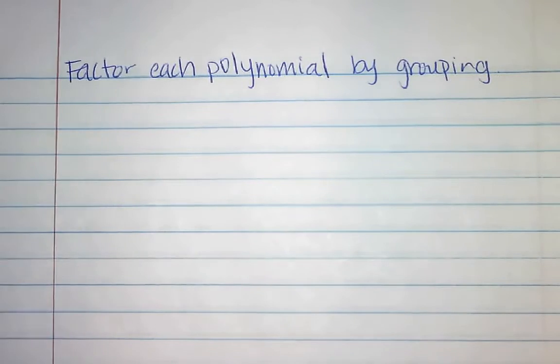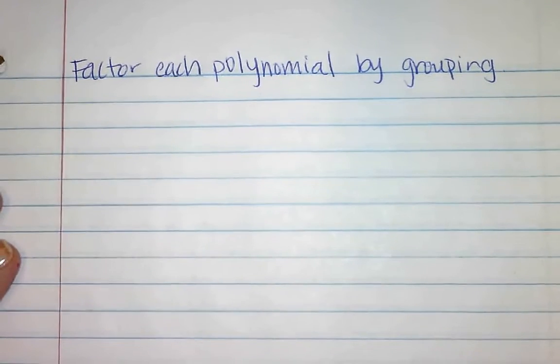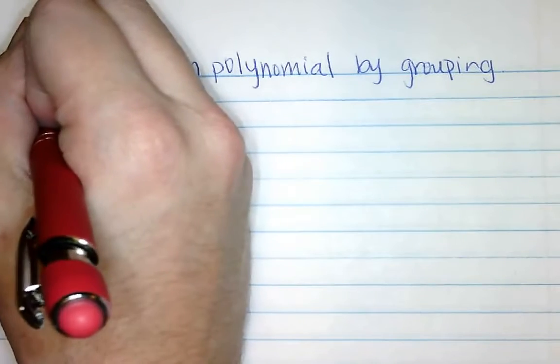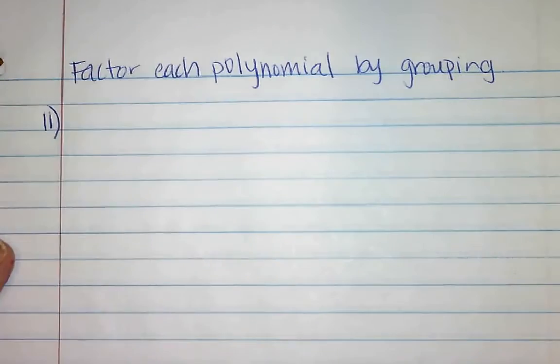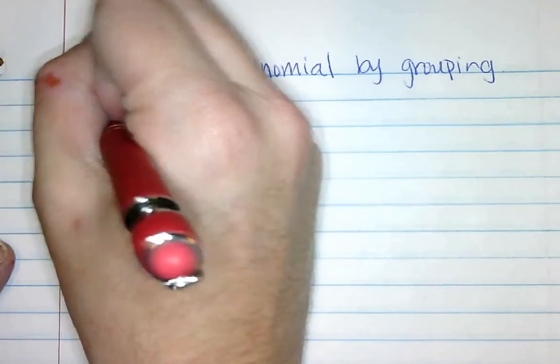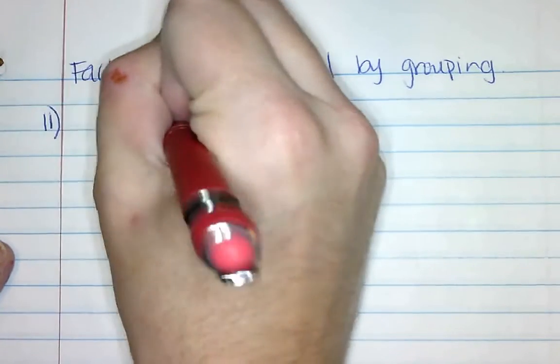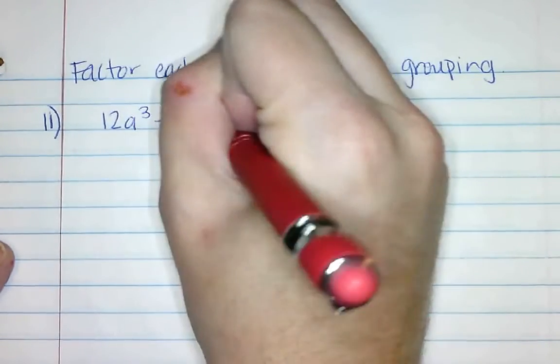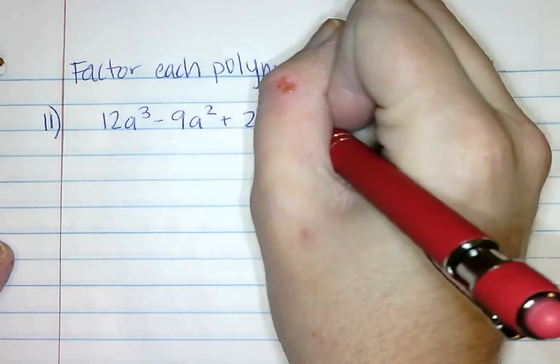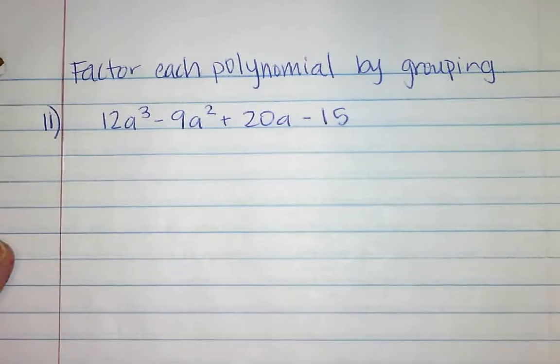So I'm just going to do number 11. I'm going to write this out: 12a cubed minus 9a squared plus 20a minus 15. Is there anything from these four terms that all of them have in common?